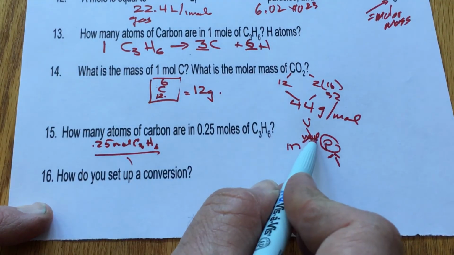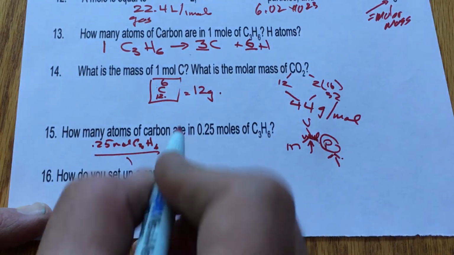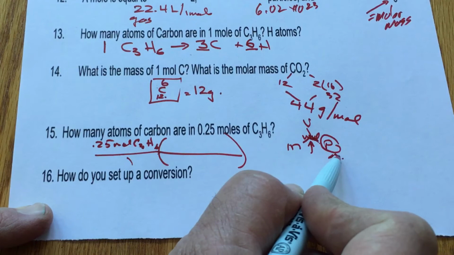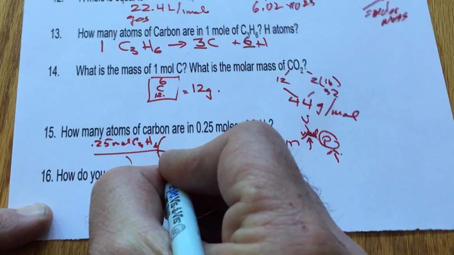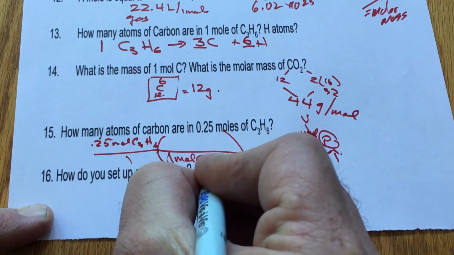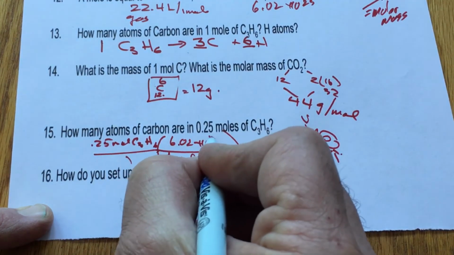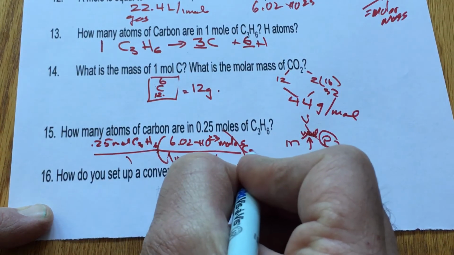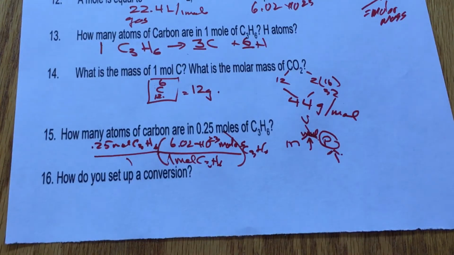Since we're going away from the middle of the MVP triangle, it's a multiplier. What connects moles to particles is Avogadro's number. So 1 mole of C3H6 is 6.02 times 10 to the 23 molecules. Oh, darn, I did not bring my calculator with me.